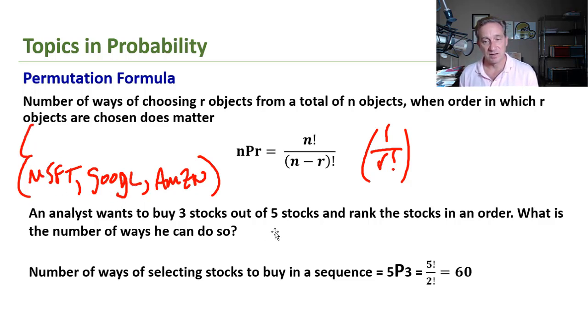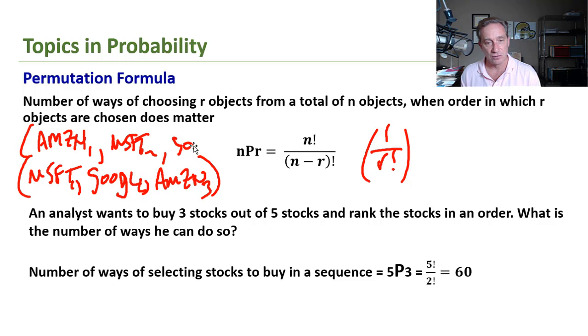But here, if he's going to rank them, then this might be a ranking where implicitly Microsoft is first, Google is second, Amazon is third. That is a different event, really, than ranking Amazon first, Microsoft second, Google third. In combinations, those are the same and only count once, but in permutation we have 2 different events here, and so we count them as 2.